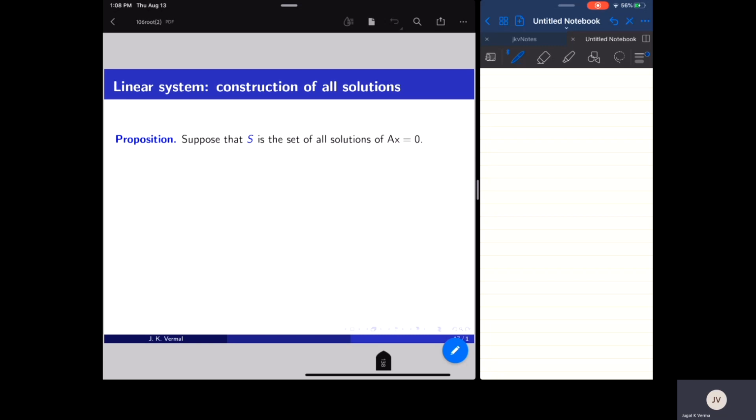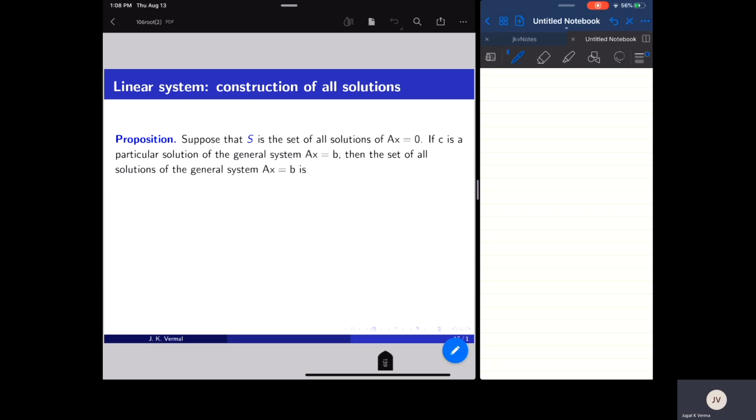So we now want to break up the problem of solving a system of linear equations into two parts. First, look at the homogeneous system Ax = 0, and suppose that by some means we know the set of all solutions. Let S be the set of all solutions of Ax = 0. Our system of linear equations is Ax = b, and we find one solution of Ax = b, which is called a particular solution.